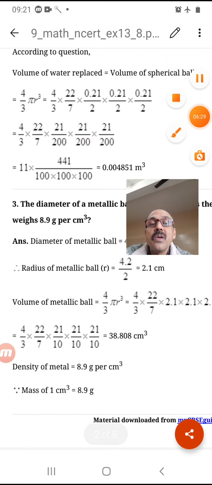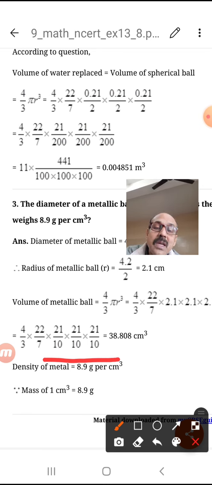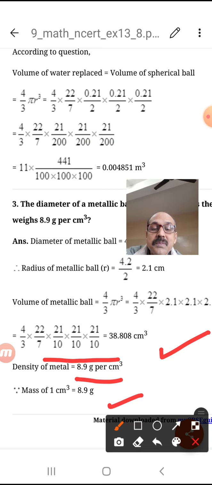Now 4 by 3 22 by 7 and 2.1 means 21 by 10, 21 by 10, 21 by 10, and calculating this we get 38.808 centimeter cube. So density of metal, it is given in the question, per centimeter cube equal to 8.9 gram, that is mass of 1 centimeter cube 8.9 gram.